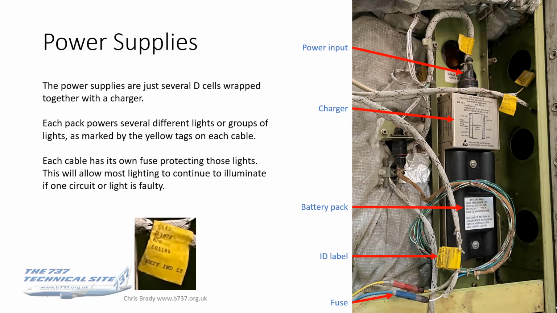Each pack powers several different lights or groups of lights, and if you're in there, you can trace what they are by the yellow tags on each cable. And each cable's got its own fuse protecting those lights, and that will allow most of the lighting to continue to illuminate if one particular circuit or light is faulty. So again, it's all done with safety and redundancy in mind.